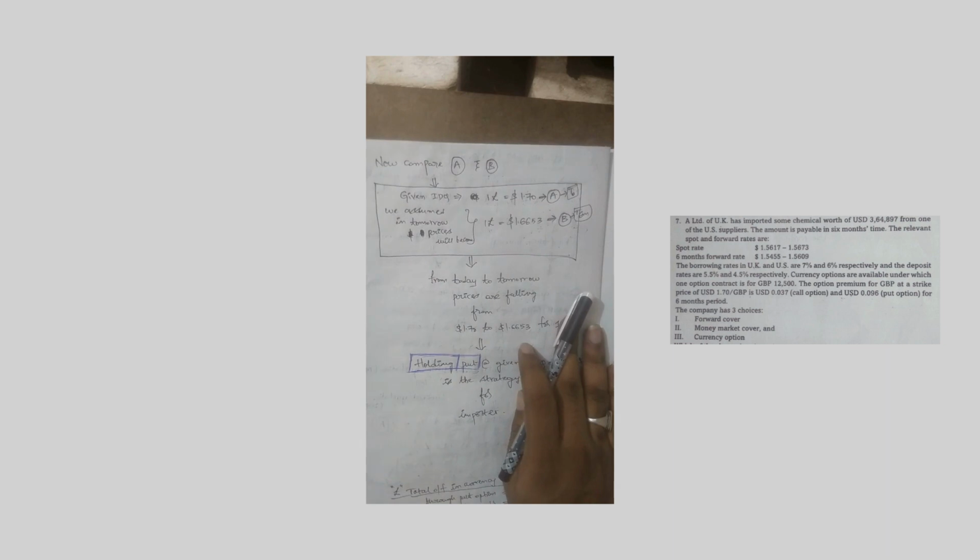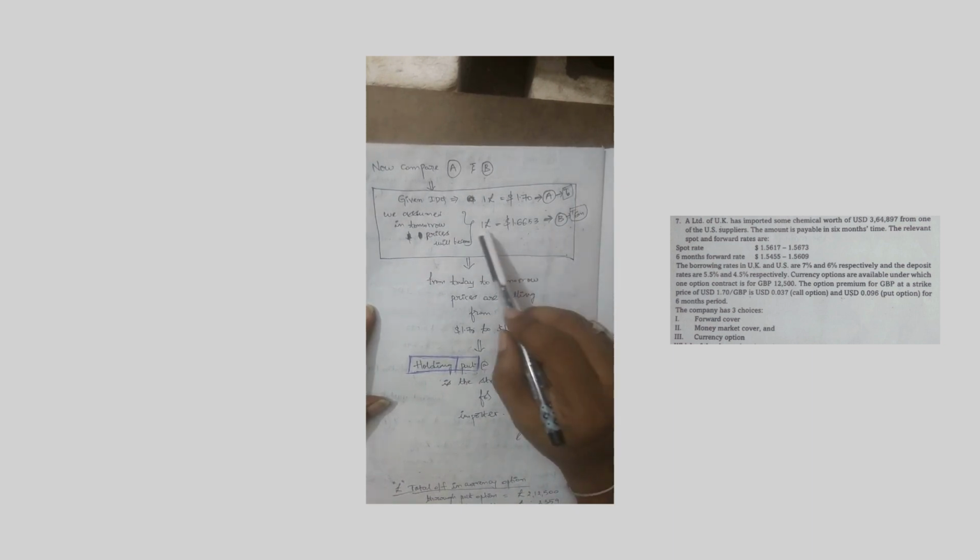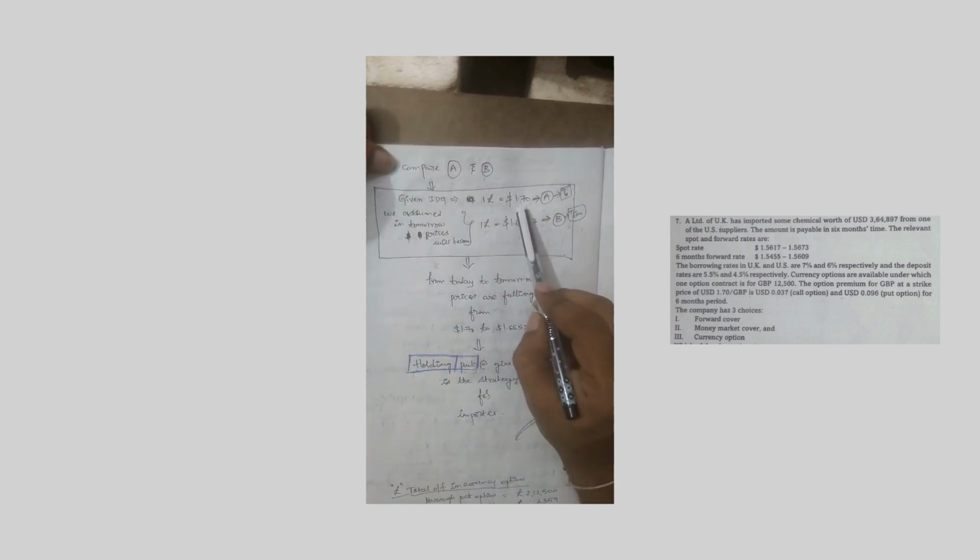These two indirect quotations contain the risky position to the importer: today's price, which is 1 pound equals $1.70, and the other. The prices are falling from 1.70 to 1.6653, and that will be the risky position to the importer.